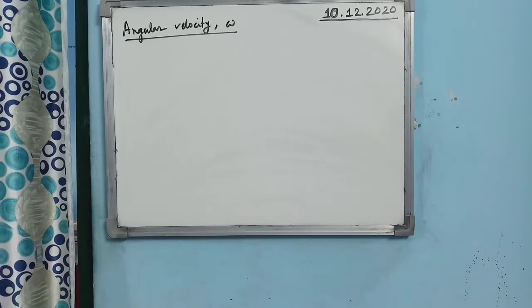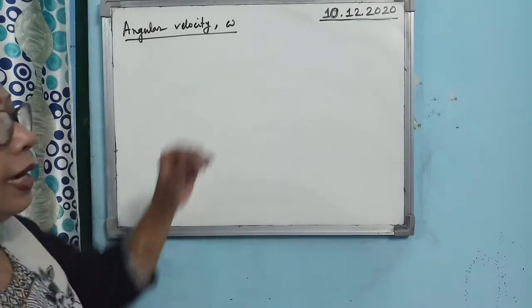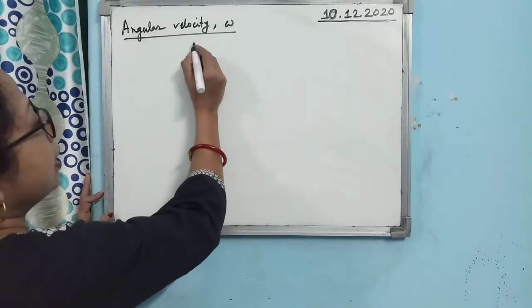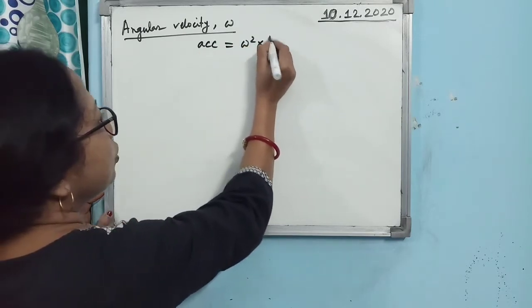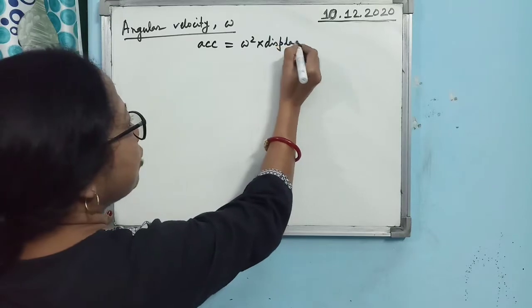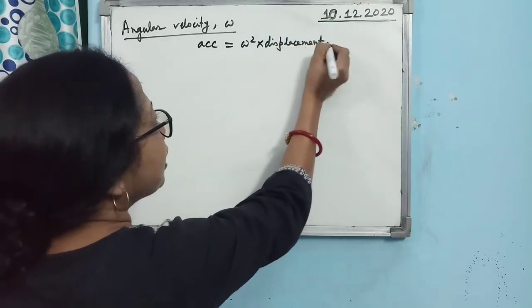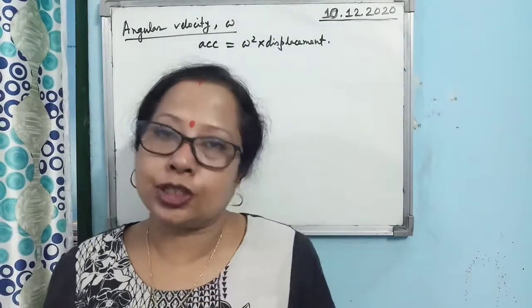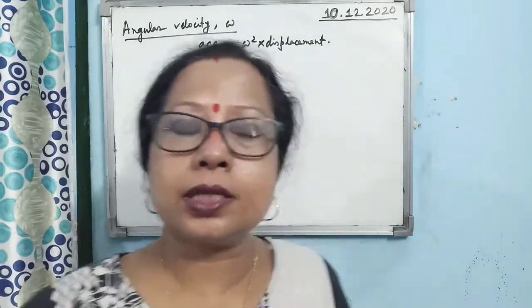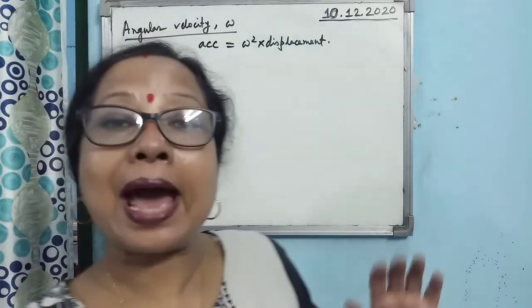Next comes the concept of angular velocity. Here you see, we have got that acceleration is omega square into displacement. The negative sign we are ignoring here. Why? Because the negative sign is related with the direction of the acceleration, so it has no relation with the magnitude.